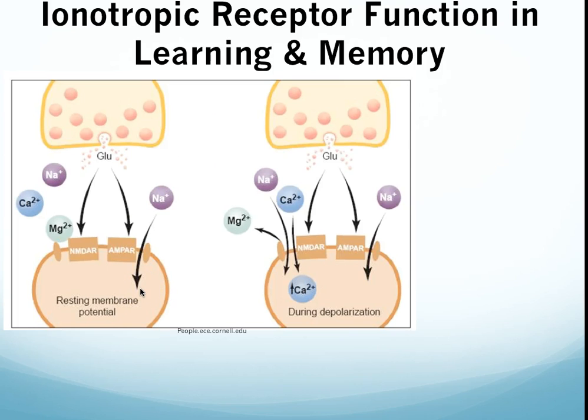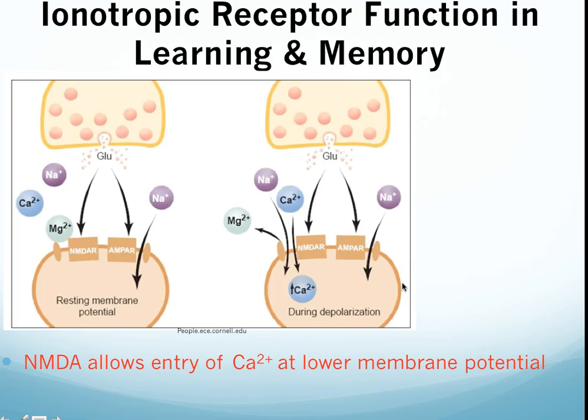And once the cell reaches a threshold positive charge, this NMDA receptor, in the presence of glutamate, remember glutamate also has to be bound, will then open because the magnesium will become dislodged from blocking the receptor, and it will allow calcium to enter into the cell. Okay? So NMDA will let calcium in, but it only does it when the membrane potential is a little bit more positive, okay? And this is really important, okay?